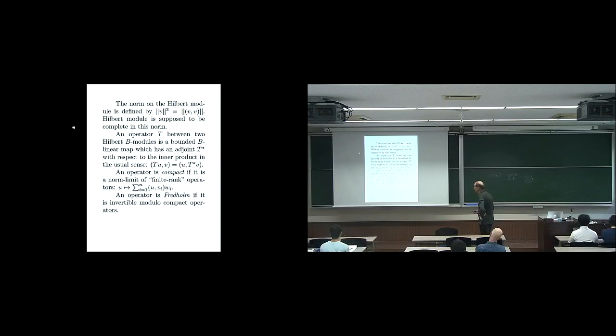So for each index i, it is a rank 1 operator, a special definition for Hilbert modules. And again, you can call the operator Fredholm if it is invertible modulo compact operators. Compact operators are just closures of such finite rank operators.